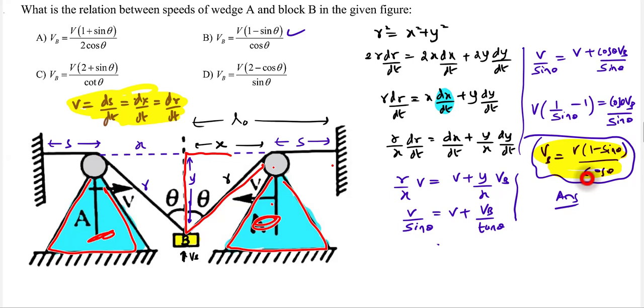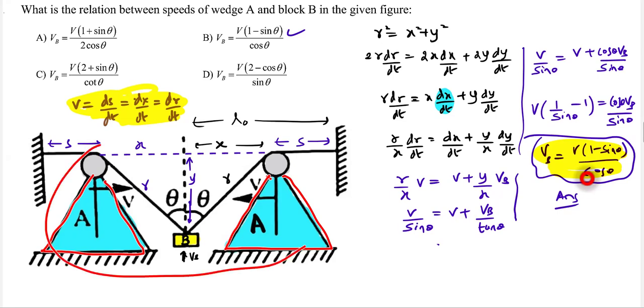Some will ask me, sir, you are not discussing anything here. These wedges are located symmetrically, so what all we discuss for this wedge is applicable for this wedge, as the system is symmetric. Okay, kids? So we'll take the next problem.